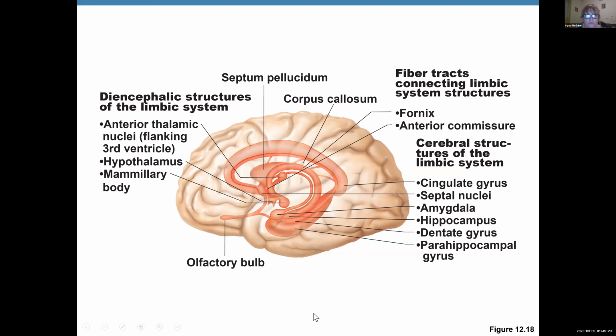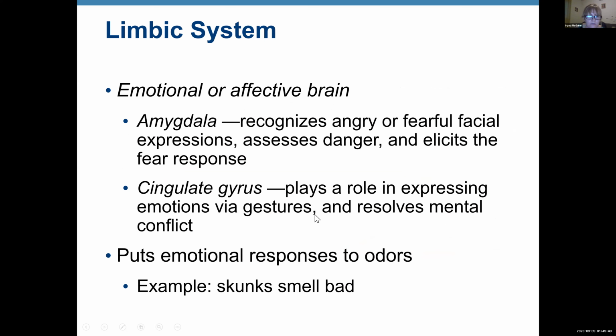I'm not asking you to memorize all of these structures. I want you to know that the limbic system is a physiological system that includes part of the diencephalon and other parts of the brain, including the amygdala and hippocampus. Here are the two parts that you need to know.